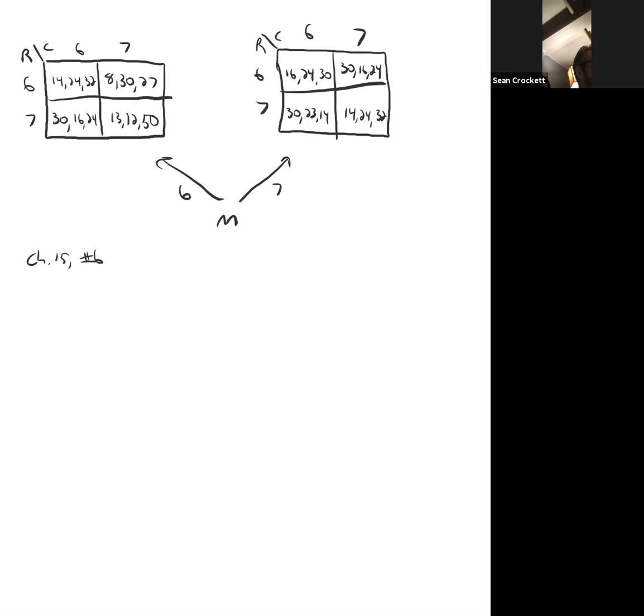So the game has the same payoffs. It's just that instead of a simultaneous move game, which might provide for many equilibria, we're moving sequentially. And so the order is M chooses first, then R, and then C.